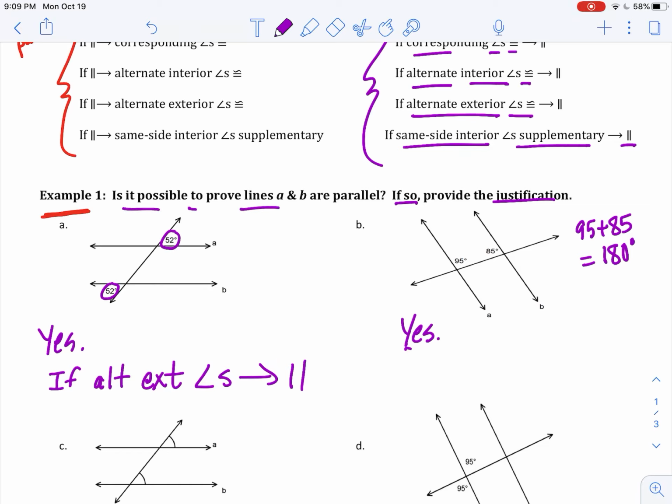The answer is yes, it's possible. What's the justification? Well, I have a set of same side interior angles that are supplementary, which I do because 95 and 85 make 180, then I know I have parallel lines. So that would be my justification.